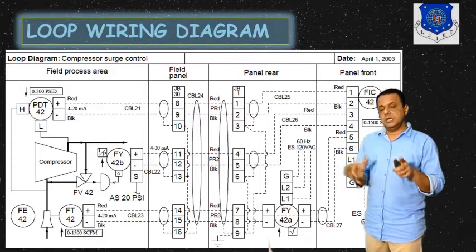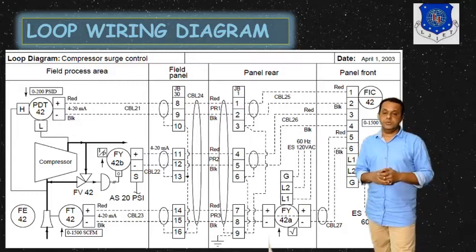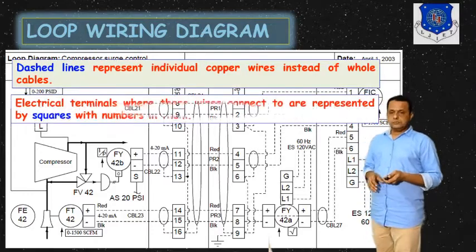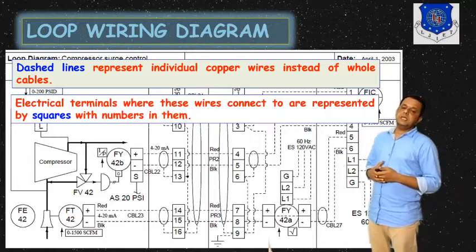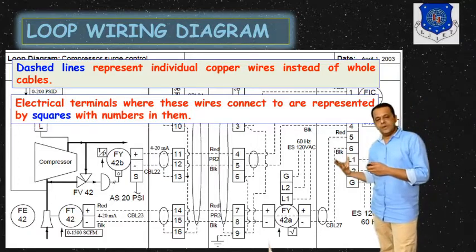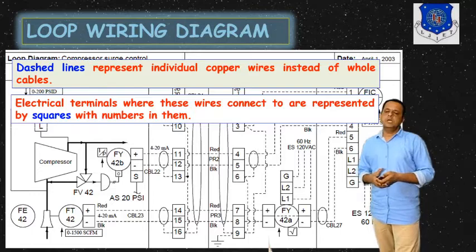Somewhere some different symbols are used. Dashed lines represent individual copper lines, as I said. Electrical terminals are presented with squares with numbers in them.